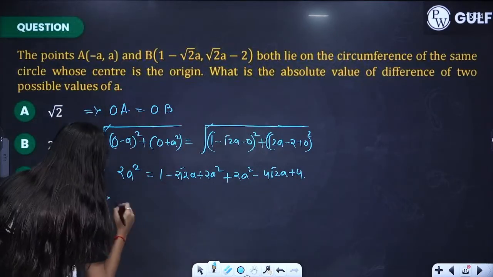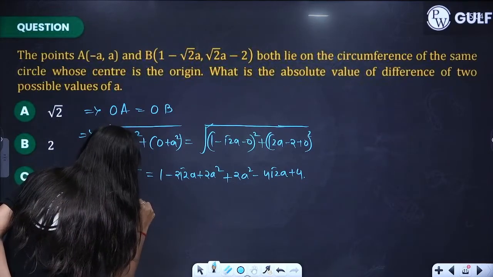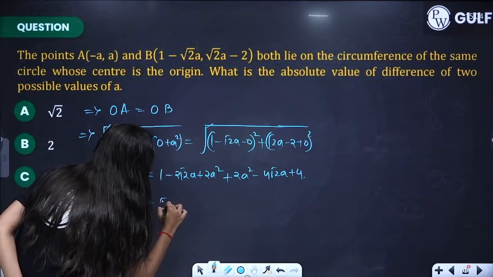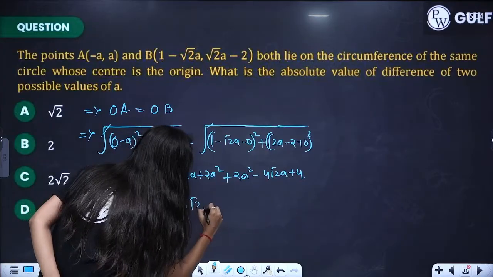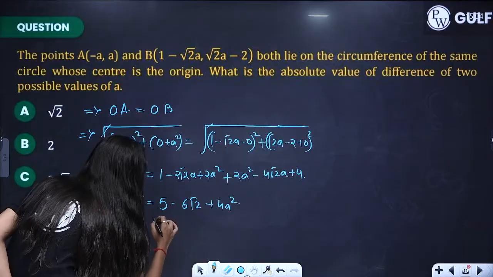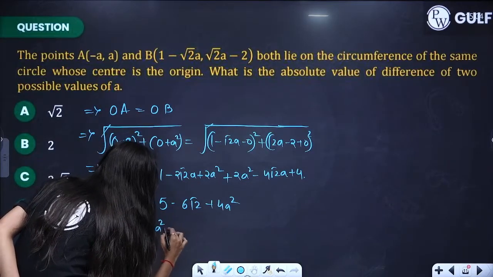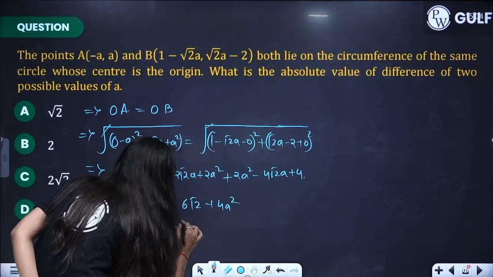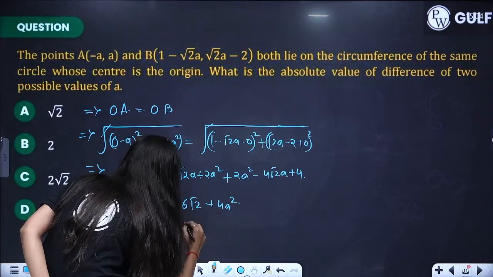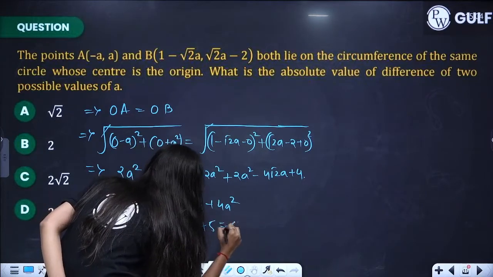Solving it further, you'll get 2A square is equal to 5 minus 6 root 2A plus 4A square. Hence, solving it further, you'll get 2A square minus 6 root 2A plus 5 equals to 0.